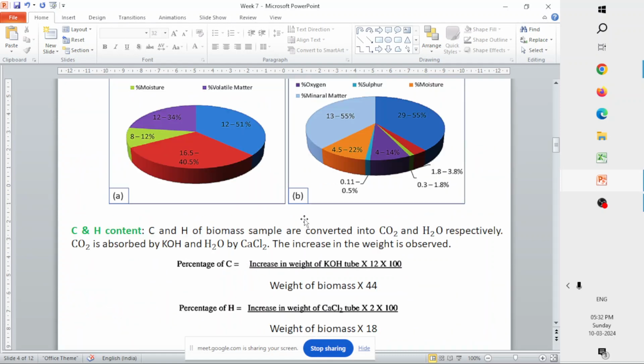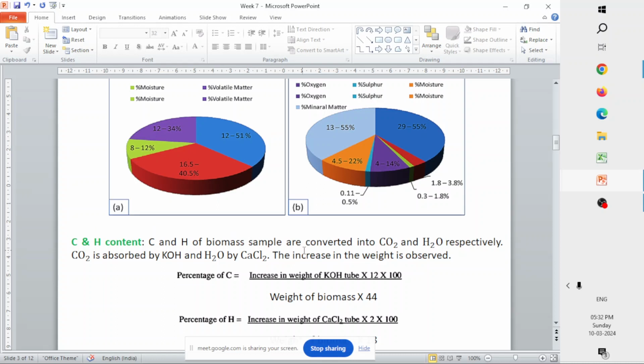So this is the ultimate analysis, and for finding the percentage of oxygen, we do not have a specific method like in the case of carbon and hydrogen, or nitrogen, such as the Kjeldahl method. Here, you know the percentage of carbon, hydrogen, sulfur and nitrogen, which are the major constituents.